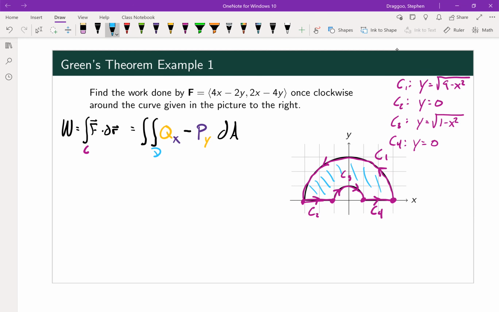So we'll end up wanting to describe that using dA, but for now, we ought to be able to just come up with q partial x minus p partial y. So don't forget that p is the x component, while q is the y component. So we're going to be looking at the double integral over our region D of q partial x, which is going to be 2 minus 0, so 2, minus p partial y.